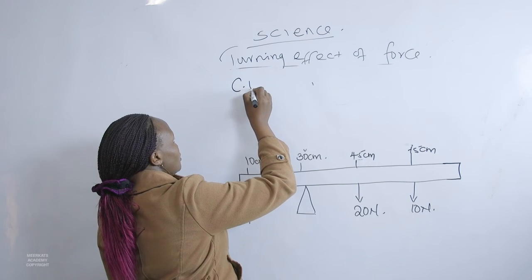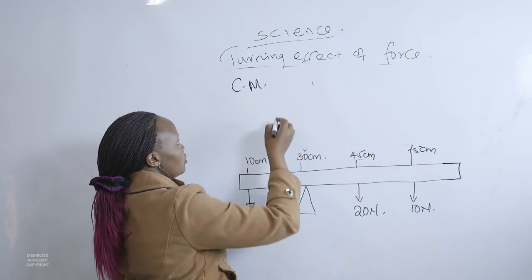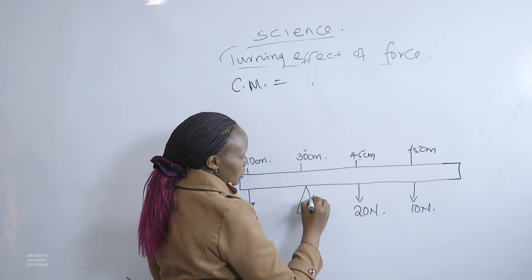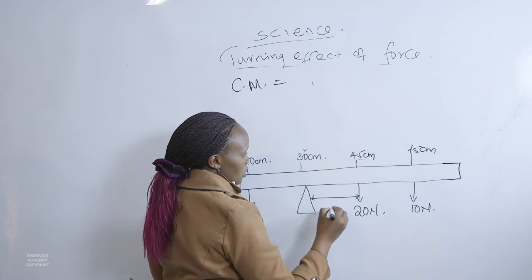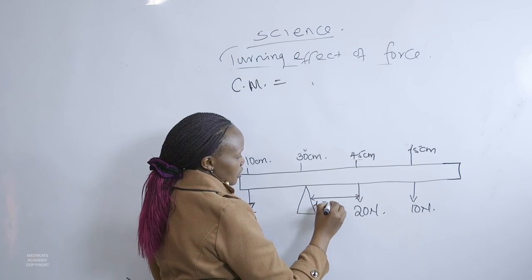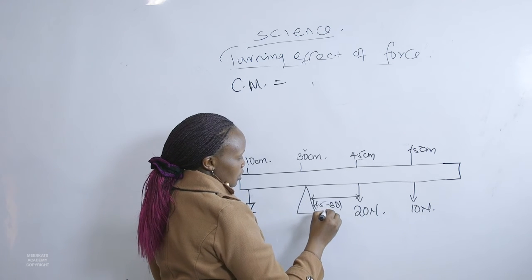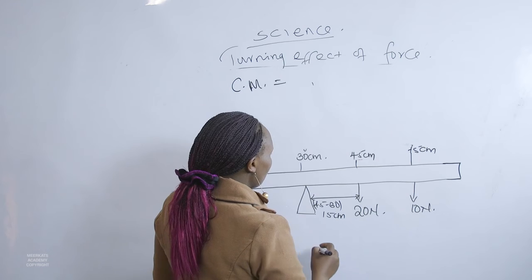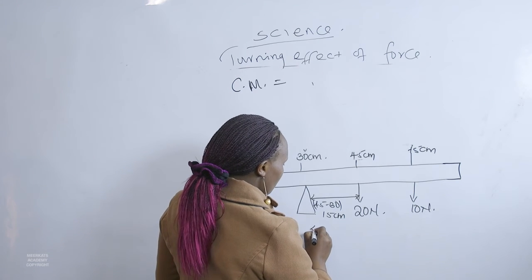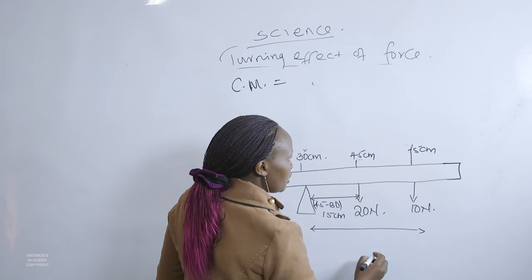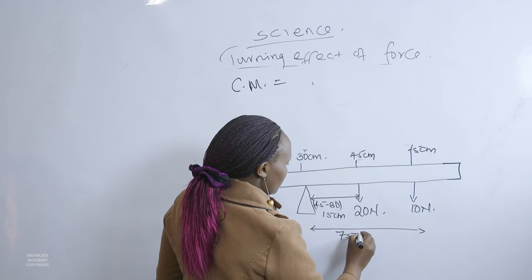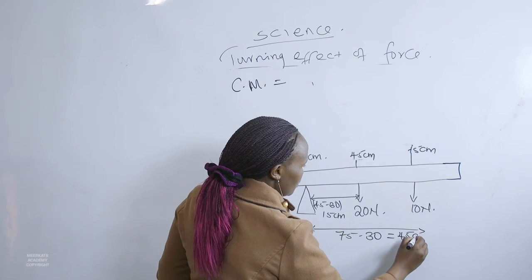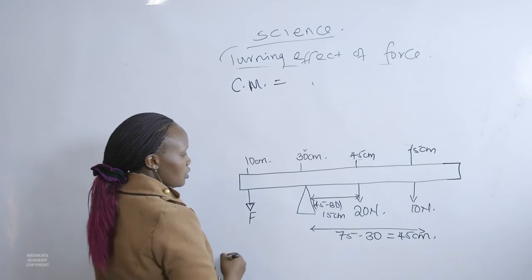Clockwise moment will be given by this distance here, 45 minus 30, giving us 15 centimeters. We also have another one, this one here, 75 minus 30, giving us 45 centimeters.